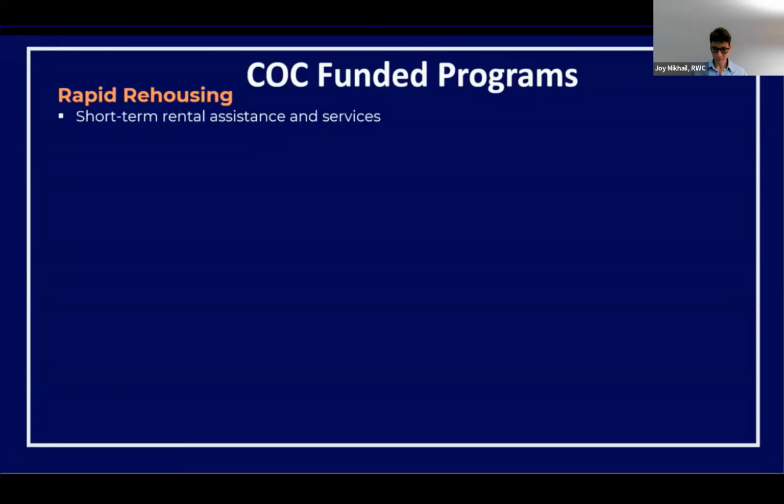There are no preconditions such as employment, income, absence of a criminal record, or sobriety. Again, this is in general about the rapid rehousing program. It typically lasts for 24 months, and after several months in the program, the subsidy amount is gradually reduced in increments in a way that supports the individual or family while getting them back on their feet.